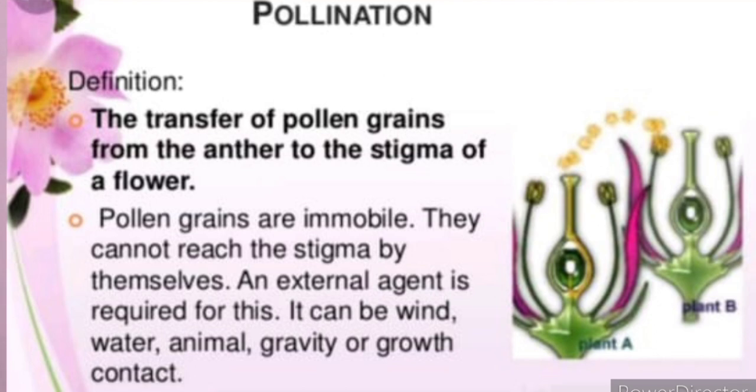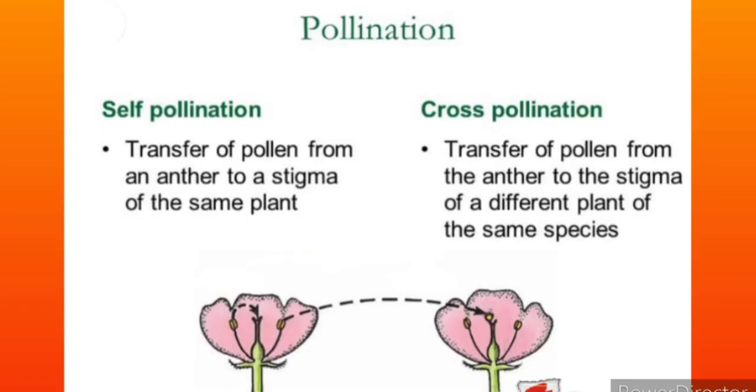Pollination is again of two types: self-pollination and cross-pollination. Self-pollination is the transfer of pollen grains from an anther to a stigma of the same plant. Cross-pollination is the transfer of pollen from the anther to the stigma of a different plant of the same species.